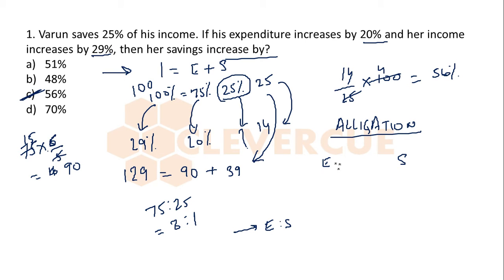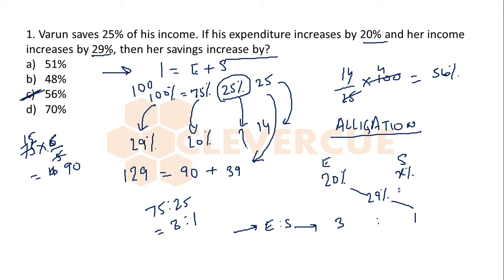The increase in expenditure is 20% and the increase in savings is X, which we have to find out. The overall increase is 29%.